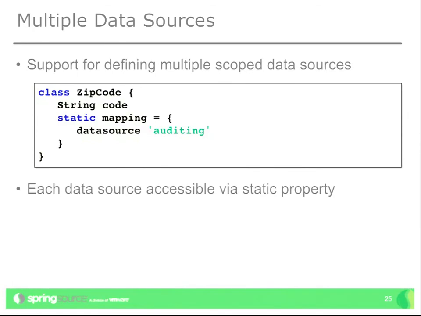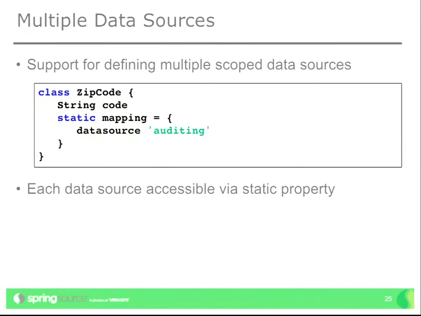Pretty early on, maybe 3 years ago or something like that, Burt Beckwith wrote a plugin for Grails to allow multiple data sources to be used by GORM. So you configured as many data sources as you liked. You had to install this plugin into your app, and then you could map certain domain classes to certain data sources. So you could have a bunch of domain classes that are stored in this database, and then another bunch of domain classes that are stored in some other database.